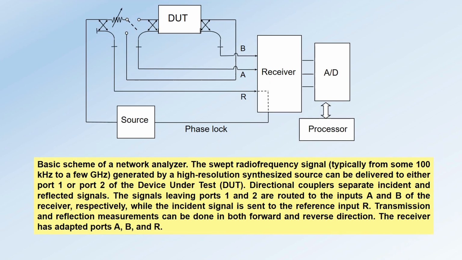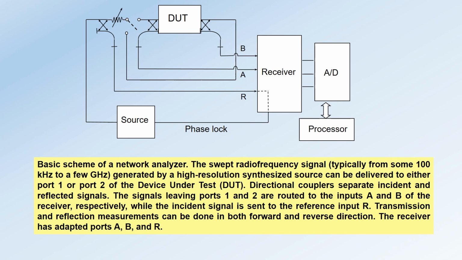In the figure you can see a basic scheme of a network analyzer. The swept radio frequency signal, typically from some 100 kHz to a few GHz, generated by a high-resolution synthesized source, can be delivered to either port 1 or port 2 of the device under test, DUT.